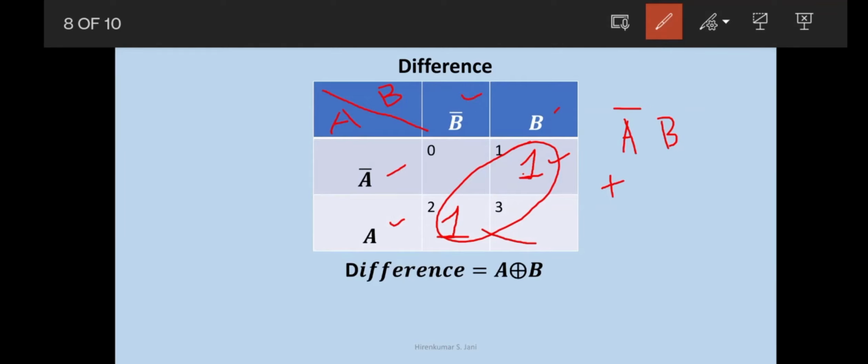So we will have A B bar in this manner. So, the equation for the difference can be written as A bar B plus A B bar. So, our equation for the XOR gate is just like this.